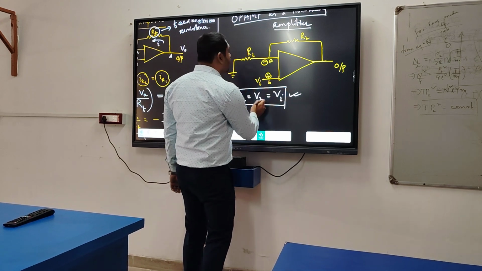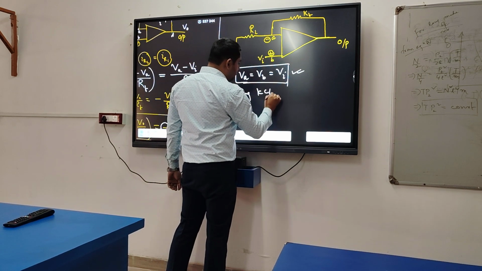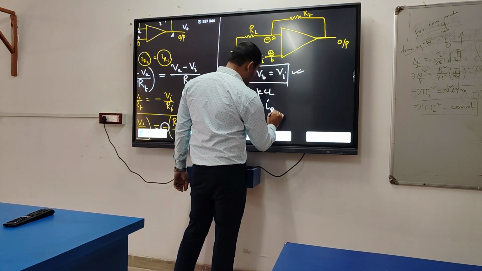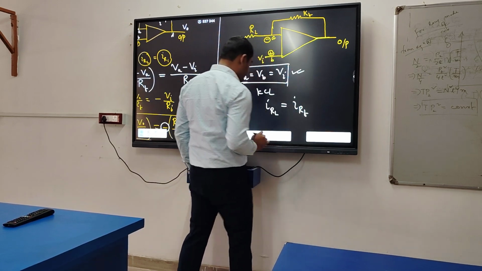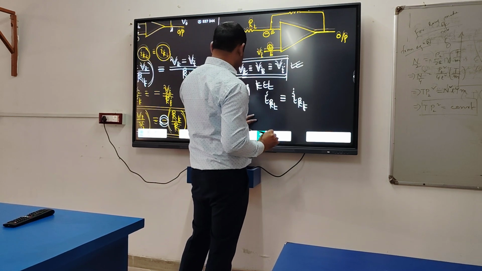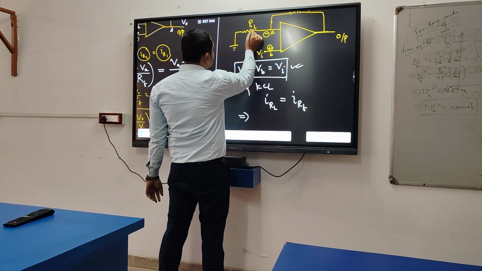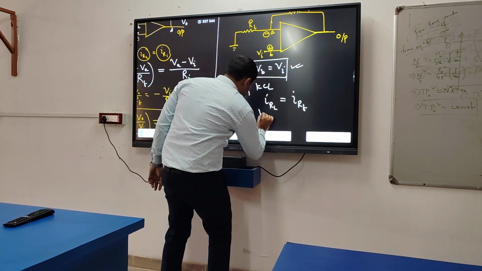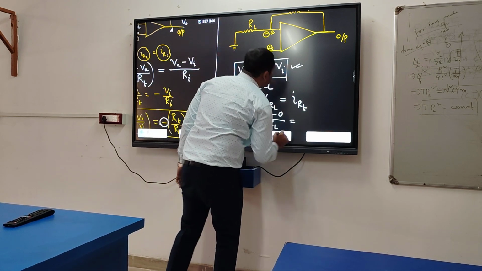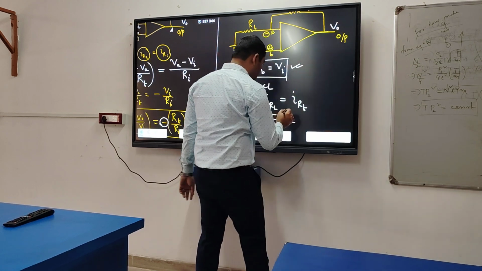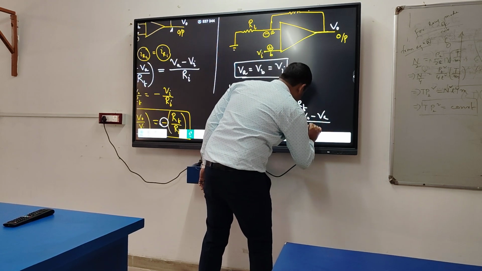Again we are going to apply Kirchhoff's current law. The current flowing through resistance R1 must be equal to the current flowing through resistance RF. The potential difference across R1 is VA minus 0, because it is grounded, divided by R1, which is equal to, if our output is V out, V out minus VA divided by RF.